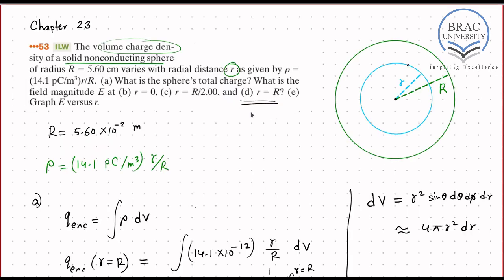And lastly, we have to graph the electric field magnitude versus R. This is very important because you will have a total overview of how the electric field changes when the charge density is given by this relation. Charge density is linearly increasing with the radial distance.